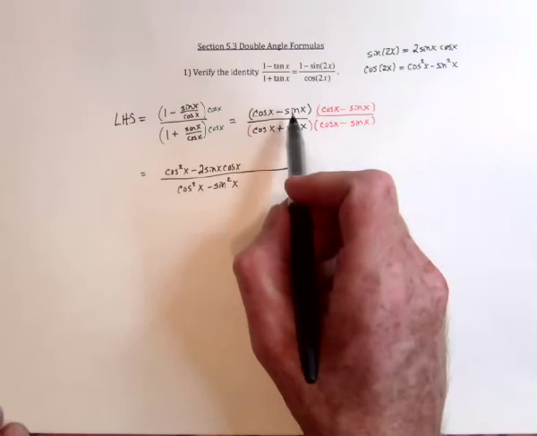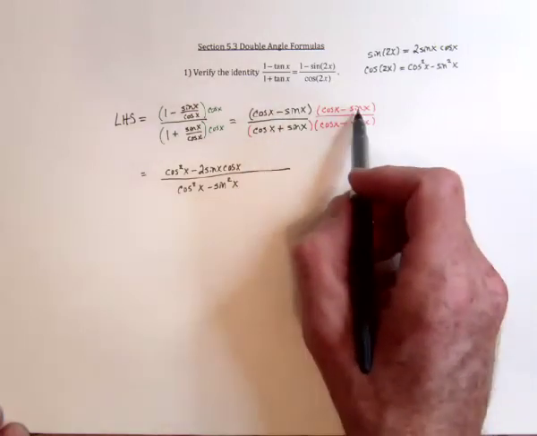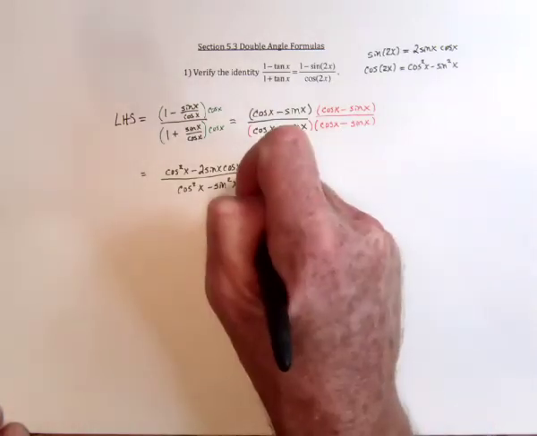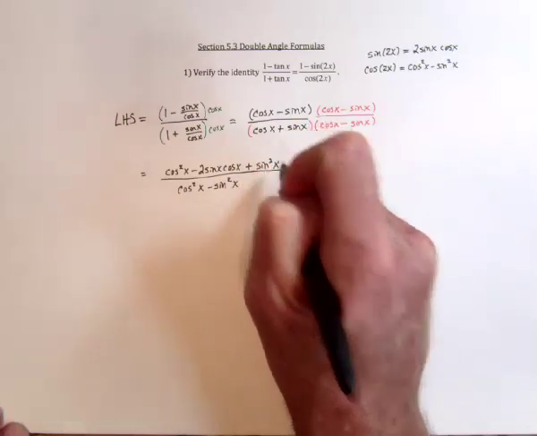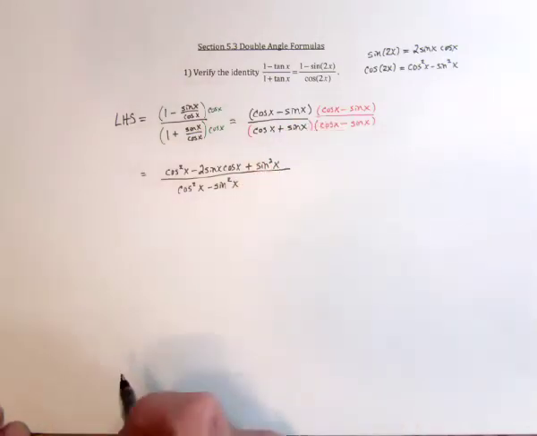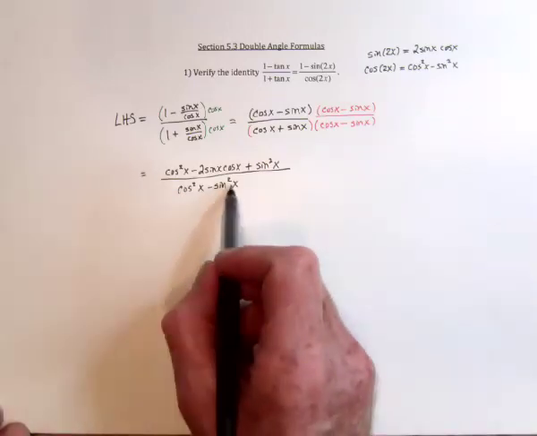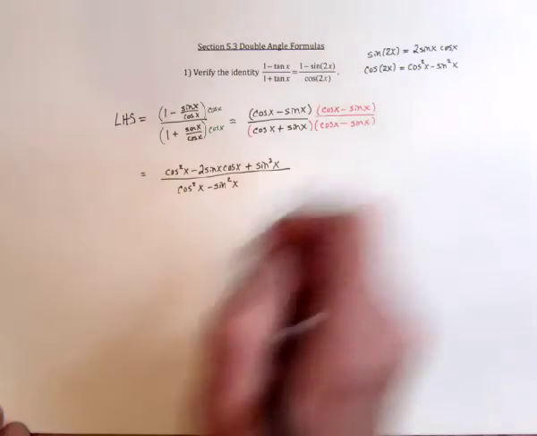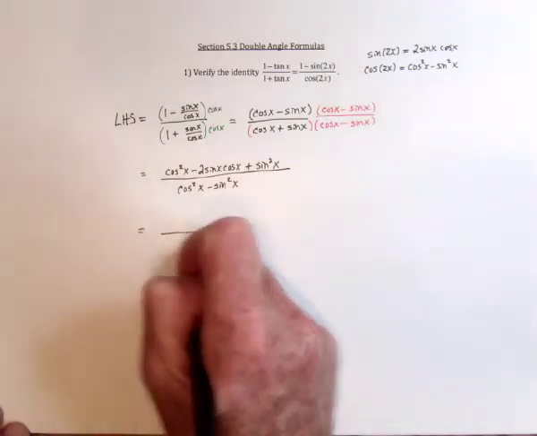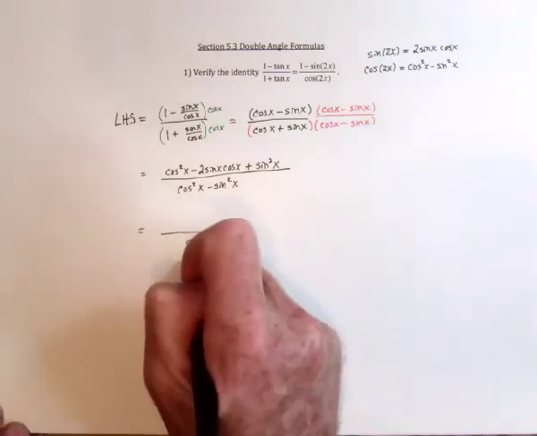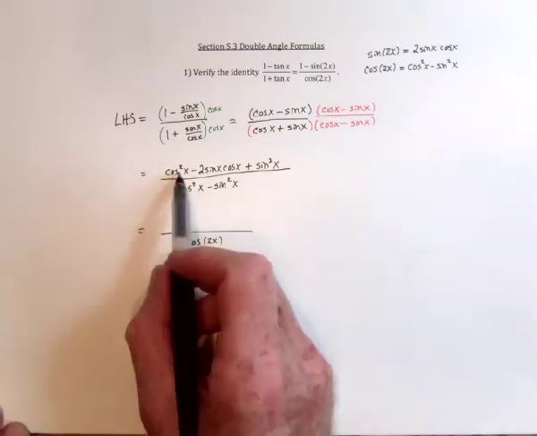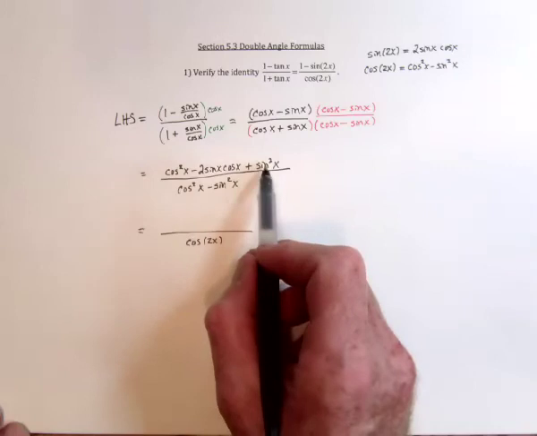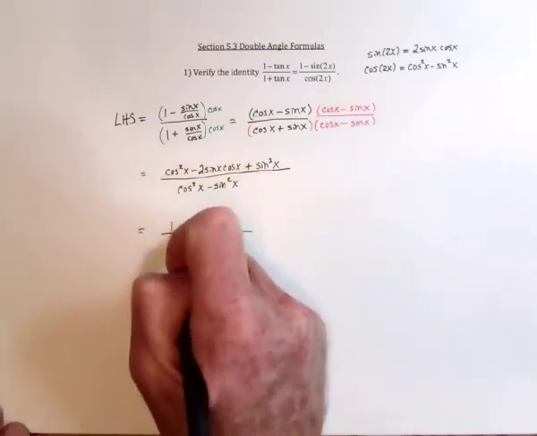Back to multiplying this out, I've got the last one times the last one, which is a negative times a negative. Sine times sine is going to be sine squared. And then I think we have all of the pieces we need. The denominator is exactly like it's supposed to be. That's cosine of 2x. And then we've got a cosine squared plus a sine squared equals 1.